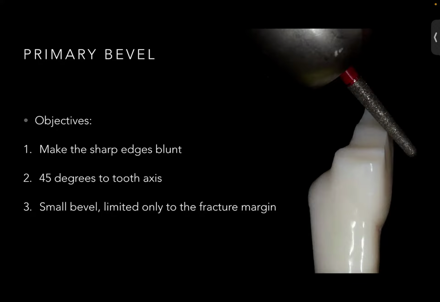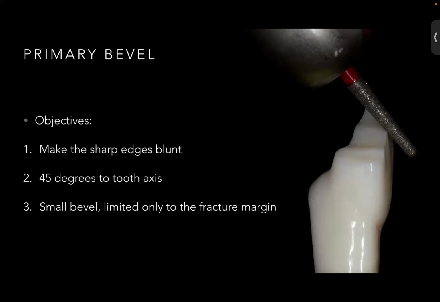So the primary bevel is going to just make it smooth. And to make it smooth, we are going to angle the burr at 45 degrees to the tooth axis. So it is kind of perpendicular to that margin, and it becomes smoothened out.